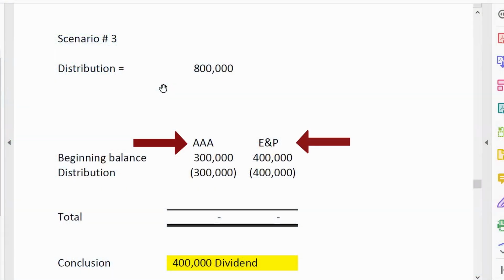Step one, you have to quantify and break down at the entity level the distribution that's being made into its separate components based on the entity's characteristics. The entity's characteristics are $300,000 of AAA, $400,000 of E&P.